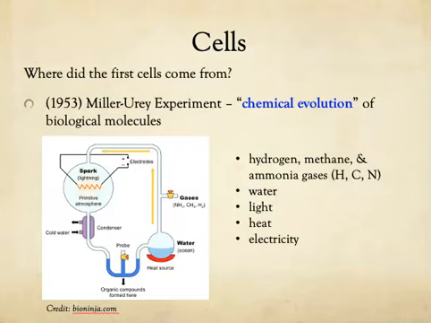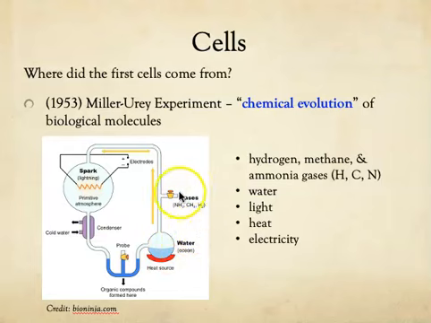Miller and Urey set up this very complex-looking apparatus in their laboratory, and they combined, again, the elements that would have been present on the very young Earth. So they combined water with heat and light.